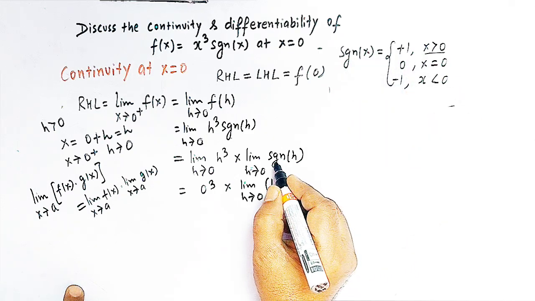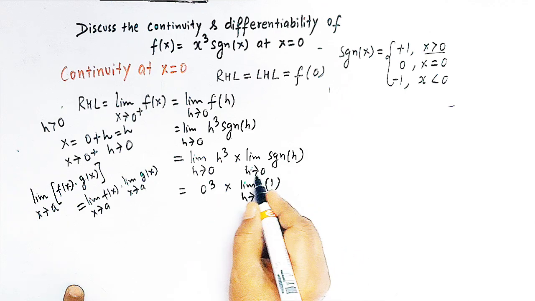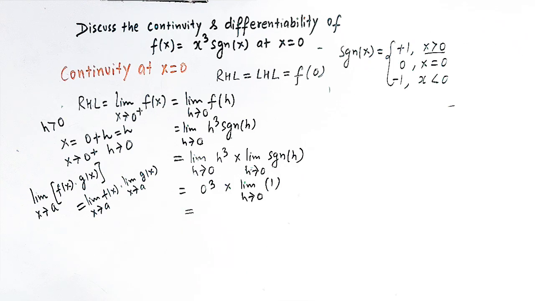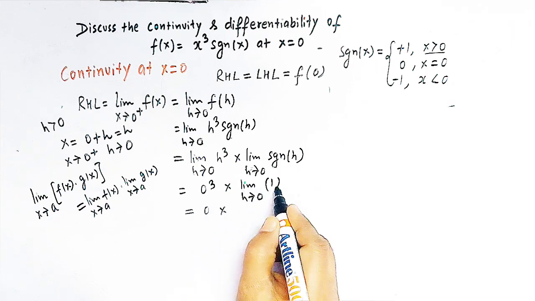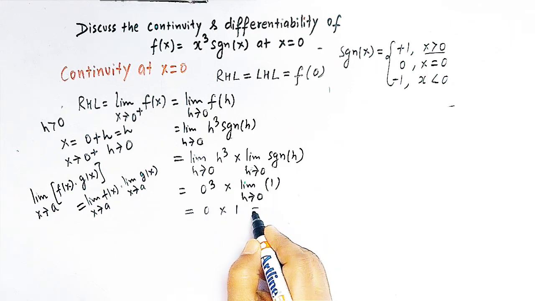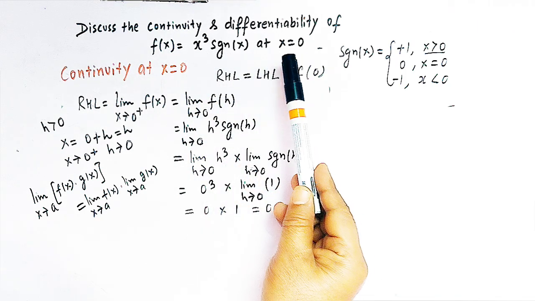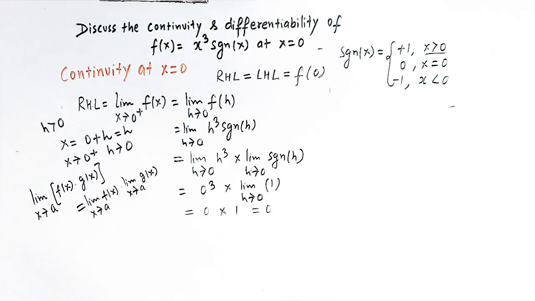So signum of h has the value 1. This limit is independent of h, so we can write 0 times 1, which is simply 0. So the right hand limit of this function at x is equal to 0 is equal to 0.